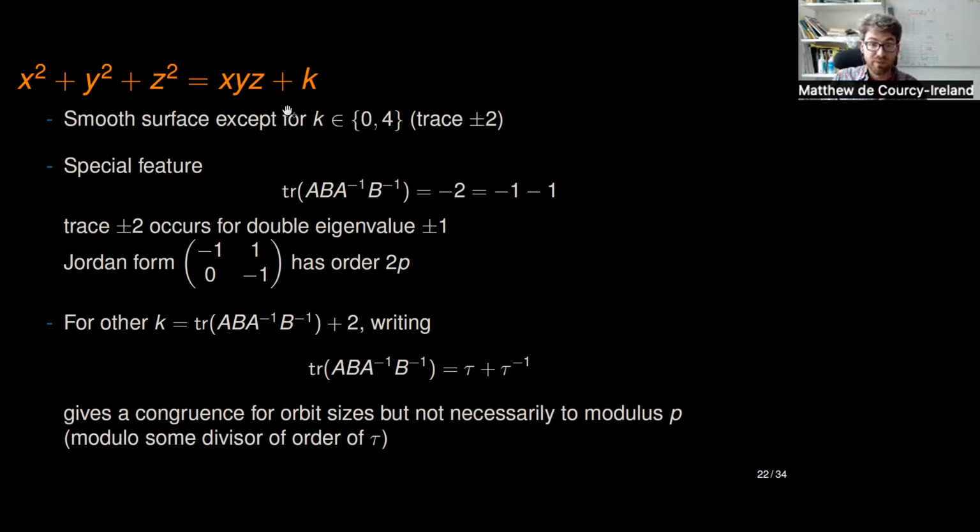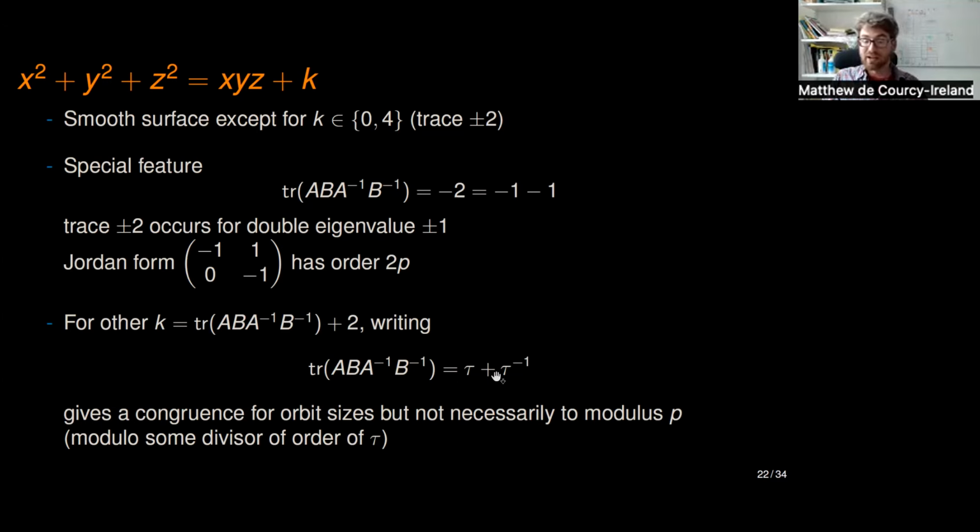So in Fricke's identity, the constant k is always commutator trace plus 2. So what you have to do is write the trace as the sum of the eigenvalues. And then Chen's method gives you a congruence. It ends up being to modulus some divisor of the order of these eigenvalues. The special feature of the original Markov is that when the trace is minus 2, that corresponds to a double eigenvalue, minus 1.